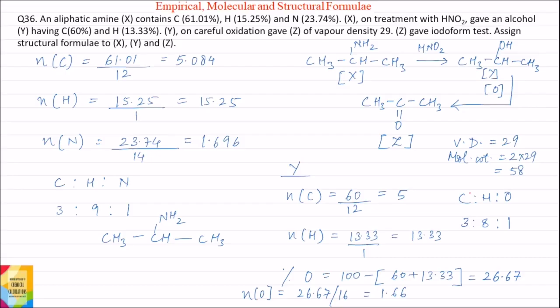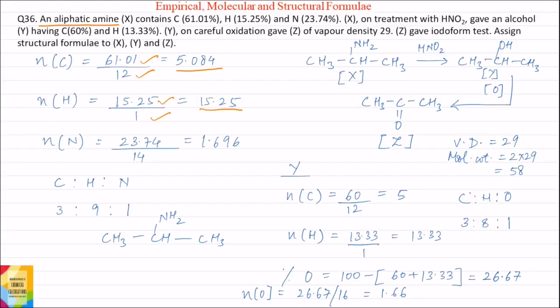Now it is given in the question that X is an aliphatic amine. Moles of carbon in X is 5.084 moles, which is obtained by dividing the percentage of carbon by atomic weight of carbon. Moles of hydrogen is 15.25 moles, obtained by dividing the percentage of hydrogen by atomic weight of hydrogen.